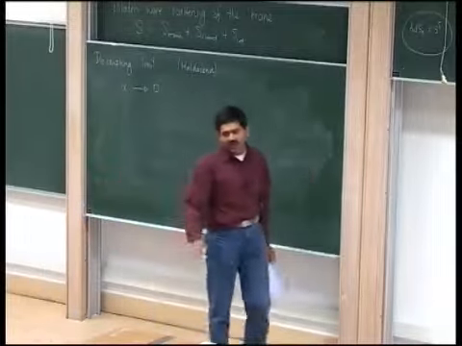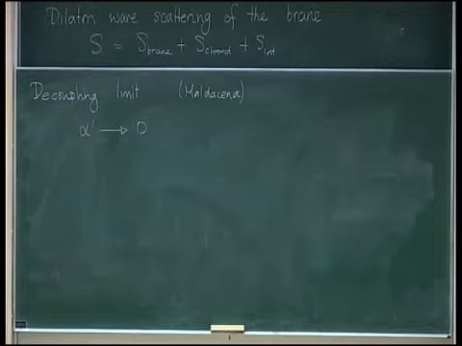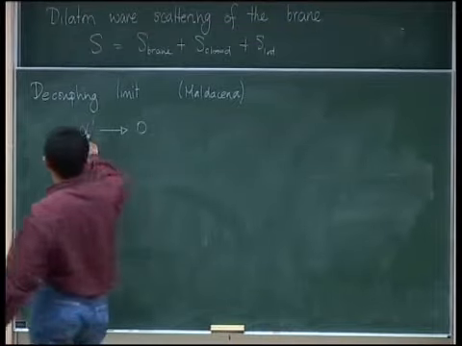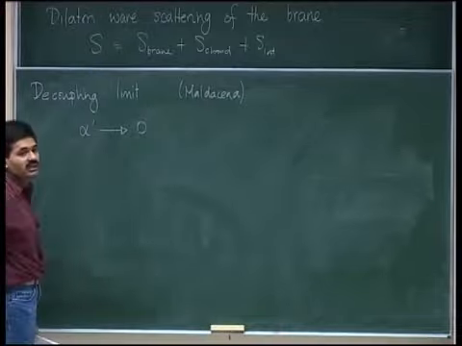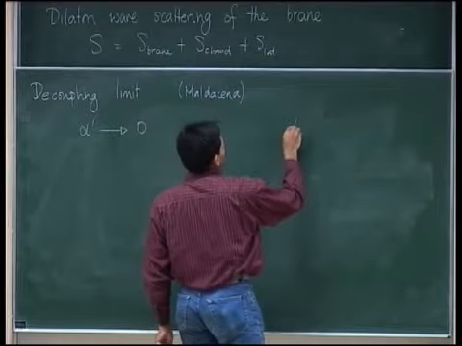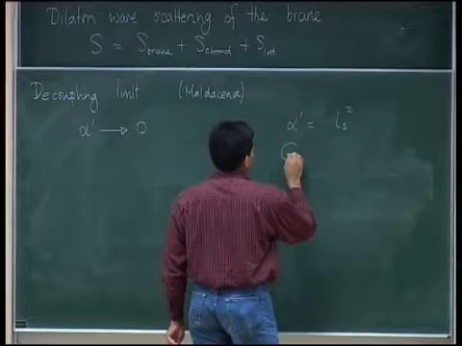We'll send alpha prime to 0 because we want to send Newton's constant to 0, and Newton's constant or Planck length, sending them to 0 is equivalent to sending the string scale to 0. So let me remind you that alpha prime is Ls squared.